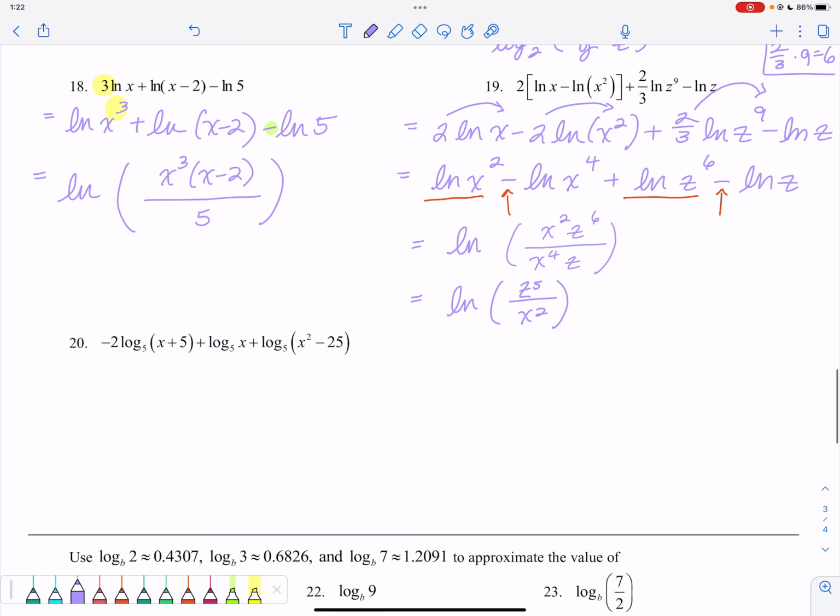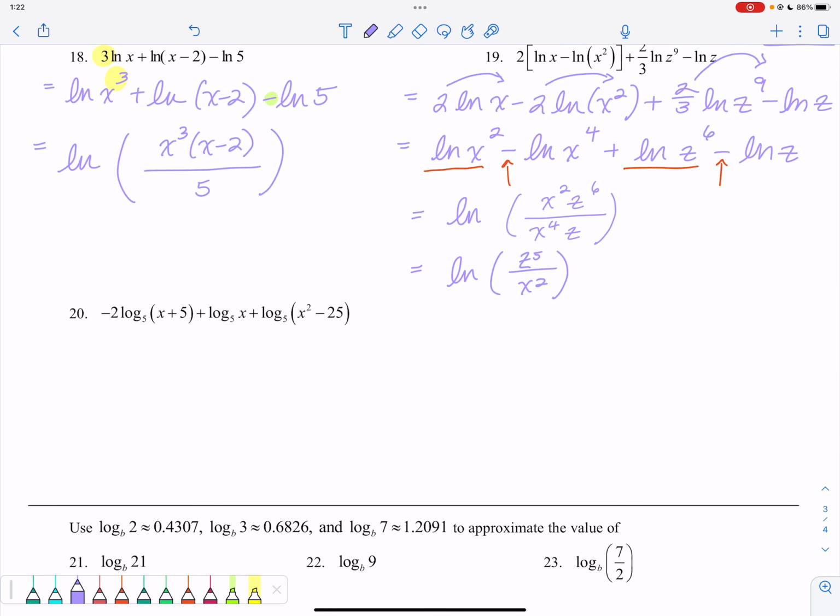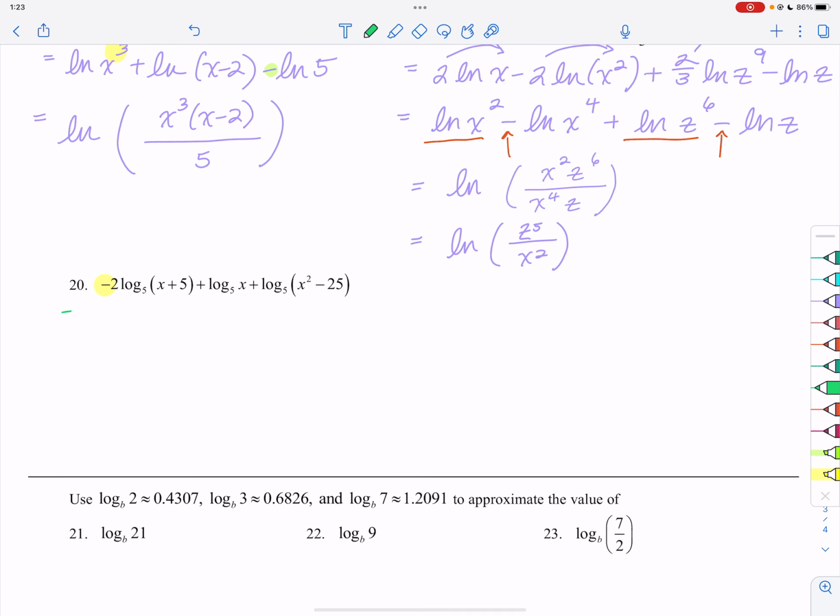Okay, let's try one last one, number 20. As you can see here, we have this negative in front of that first term. So we will have the opposite.